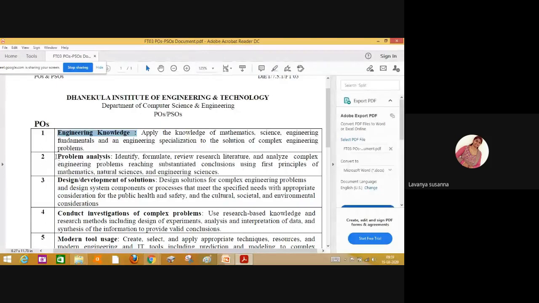Next, PO2 is problem analysis. I have mapped CO1 to PO2. PO2 is problem analysis, as the analysis phase helps you to analyze real world problems.